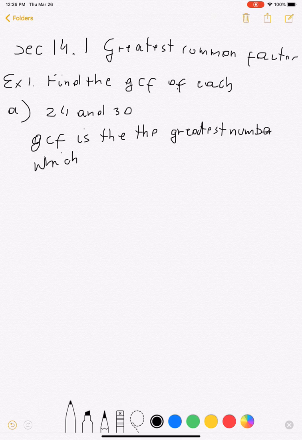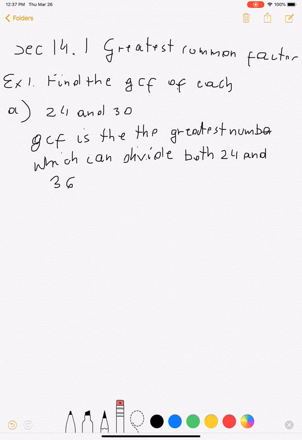Which can divide both 24 and 36. Most of the time when you're looking for greatest common factor, you can quickly figure out, okay, originally that's supposed to be 36.